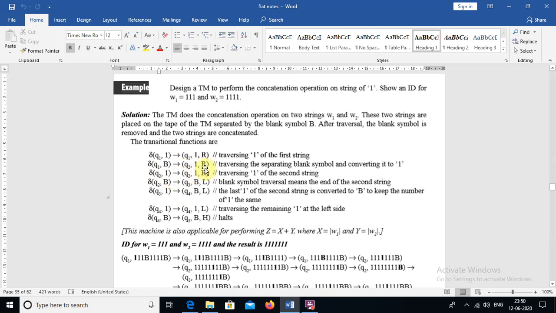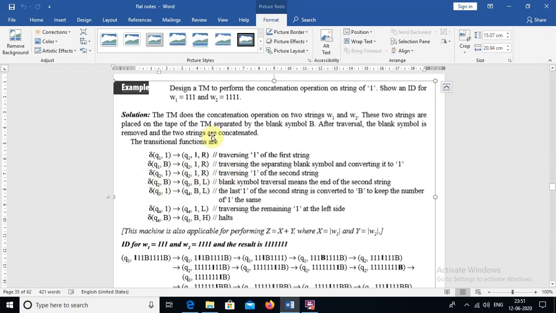Then move right, so still you have to keep traveling over 1s only. Whenever you find a blank, meaning the first blank at the end of the input tape, that blank can be replaced with a blank and move left.